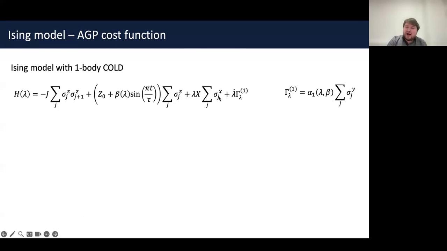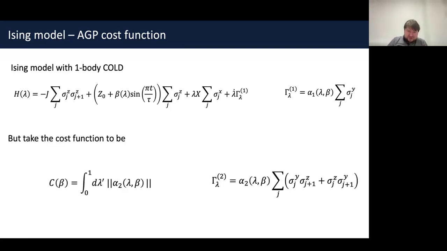And then we're going to drive the X field again. So we're going from this all-down configuration to some superposition of different states in our Hilbert space. And I'm going to add the one-body optimal local counterdriving, so I'm going to add these sigma y terms. So I'm going to use some knowledge from the AGP in my control protocol here already.